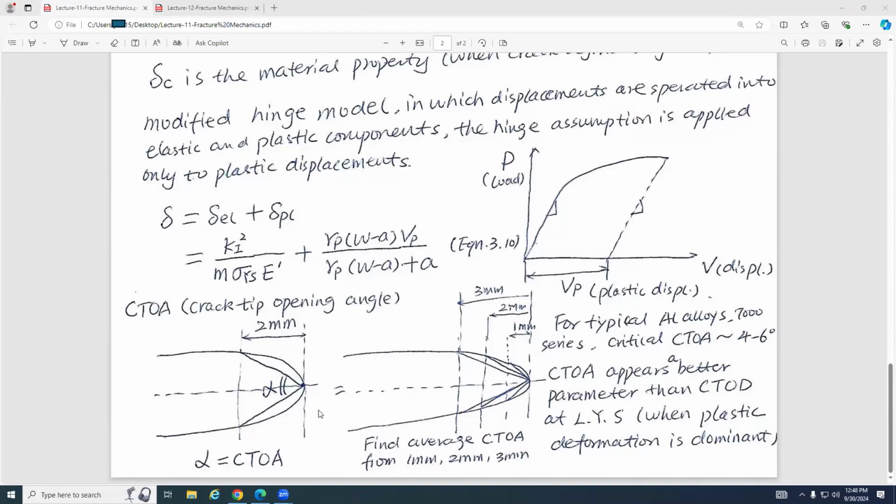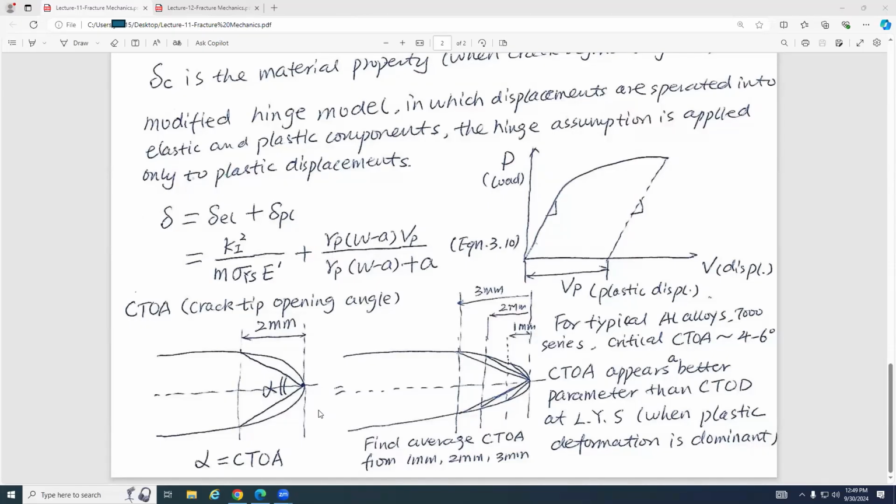Now, because of the 2 millimeter, sometimes different people use different values when we do experiments, right? Do you guys agree? The same thing, different people, when they measure, there is some deviation, right? So to minimize the deviation, what should we do? We should draw 3 vertical lines.